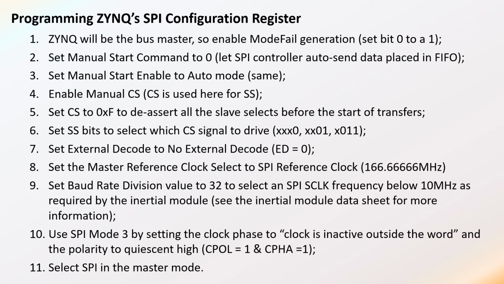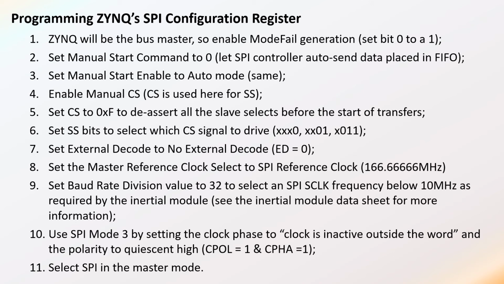Bit 9, if you choose 32, I guess now that I read this point, the nav chip needs an SPI clock below 10 megahertz. So if you choose 32 or even a larger number, you'll set the frequency below 10 megahertz as required by the module. So you might as well just use 32.